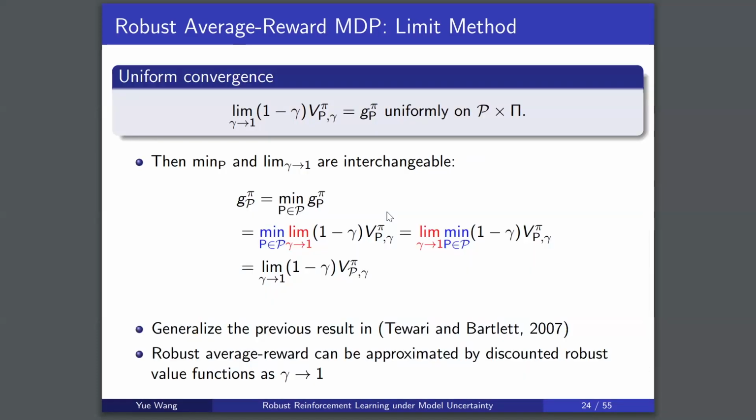Can you go back? On the left side, first you take gamma to 1 for your discounted value, and on the outer side you pick the distribution P. Now you're saying we can change the order. Yeah, we can change the order.